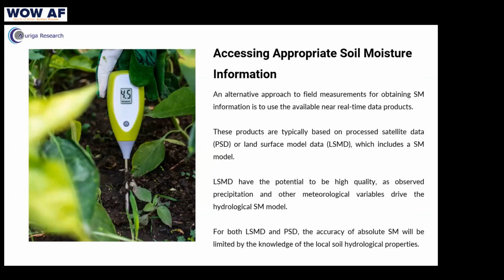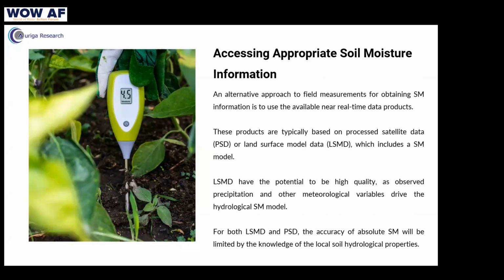Now, we also have processed satellite data and land surface model data, which are available in a soil moisture model. And these are also accessible, and many of them are freely available in app form.